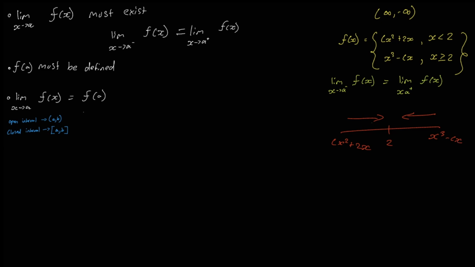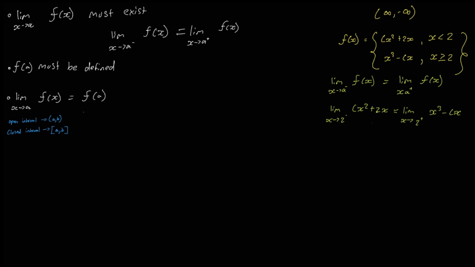So now that we established what our two functions are in relation to the left and right hand side, we can write the limit as x approaches 2 from the left hand side of cx squared plus 2x is equal to the limit as x approaches 2 from the right hand side of x cubed minus cx. Now we can do some direct substitution.